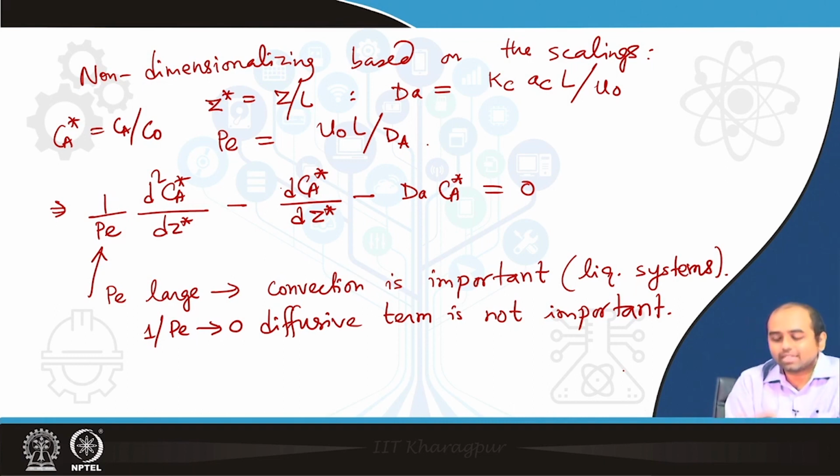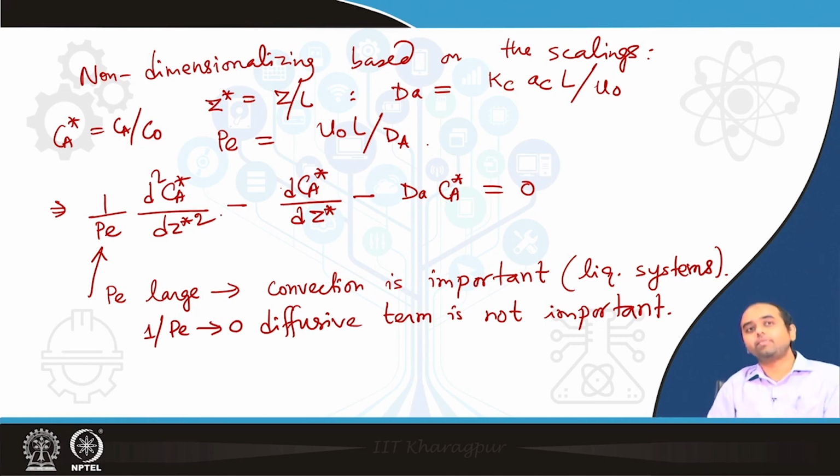So, instead of grossly assuming that diffusion is unimportant in the problem, you can frame the complete equation, evaluate the Peclet number, and see how much contribution this diffusive term is making, and based on that, after non-dimensionalizing, you decide whether to retain or ignore that term.